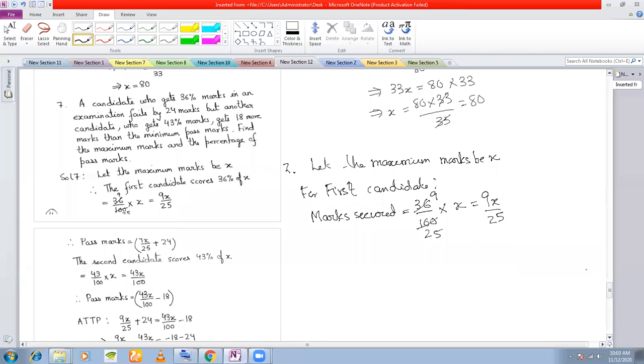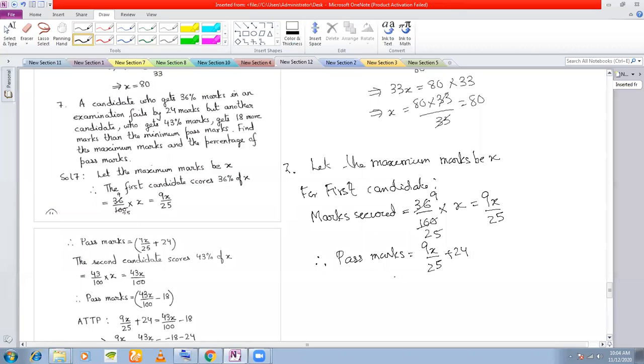And what happens? He is failing by how many marks? He is failing by 24 marks. If he fails by 24 marks, then what should be the pass marks? Pass marks should be 9x by 25 plus 24, right? Because if you add 24 to 9x by 25, then only you'll get the pass mark.